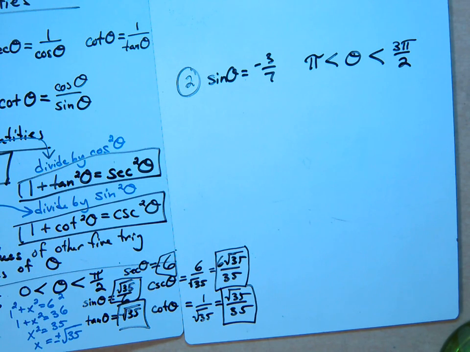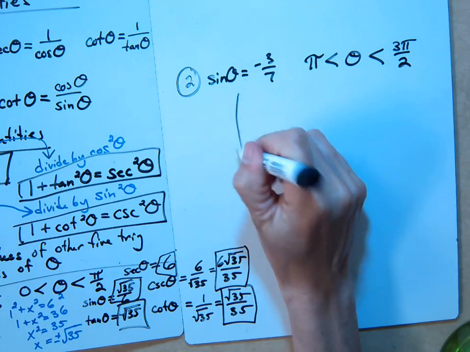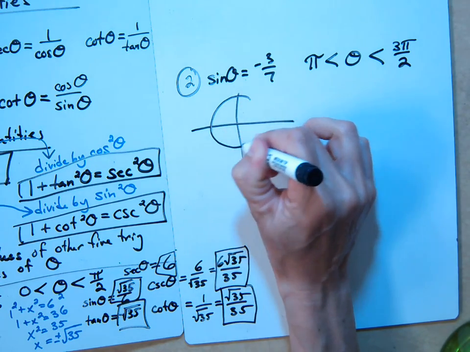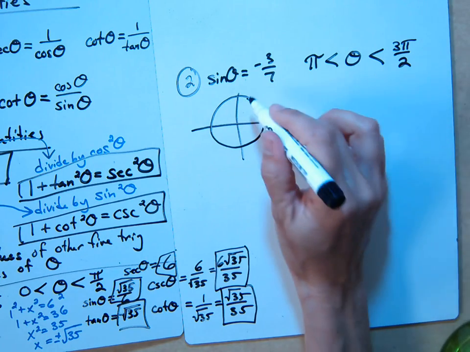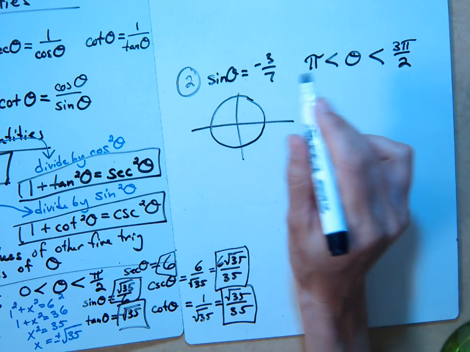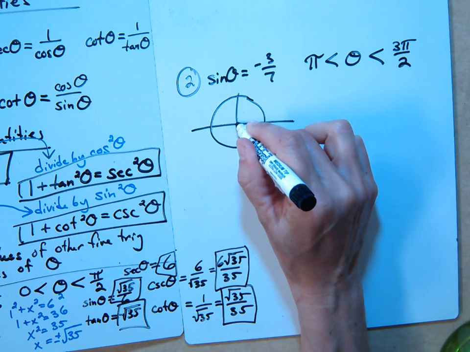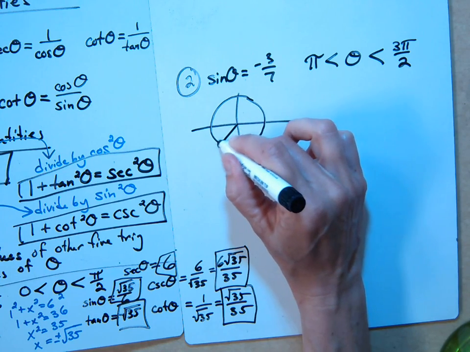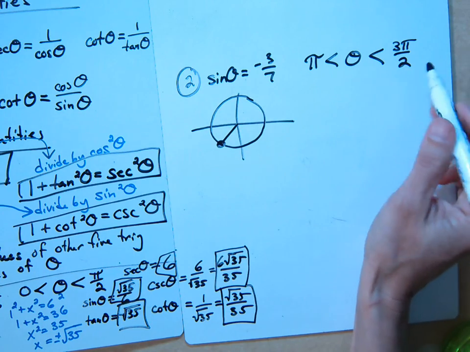That's so important in trig. Draw a picture. Picture means your little XY coordinate plane and a circle. So you rotate around to the point. That's theta.